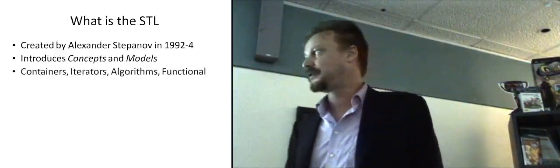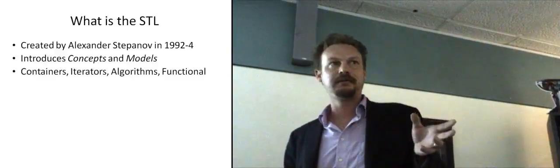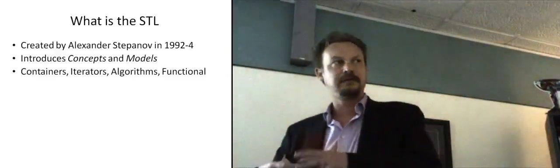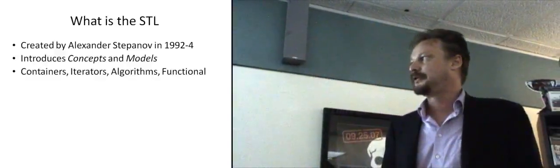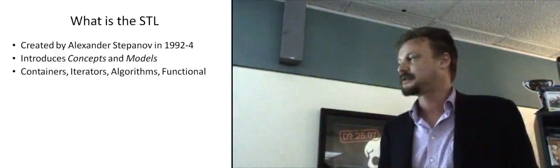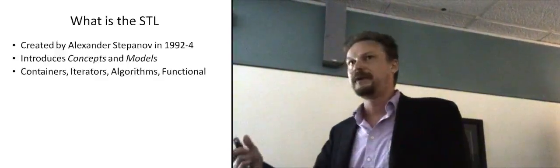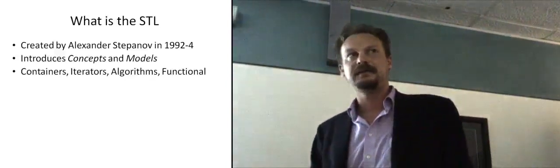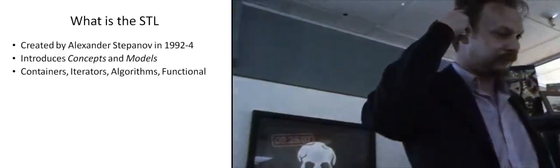The STL consists of various components that are largely orthogonal to each other, but they work together to provide the overall library. Those components can be broken down into containers, iterators, algorithms, and functional things. I've debated within myself how to call that last thing, like what is functional.